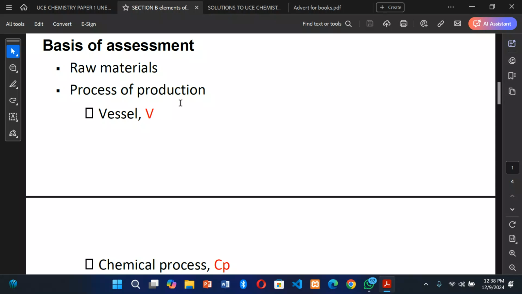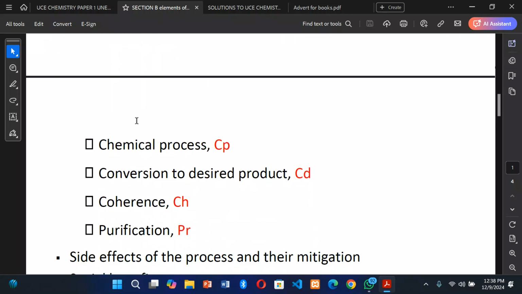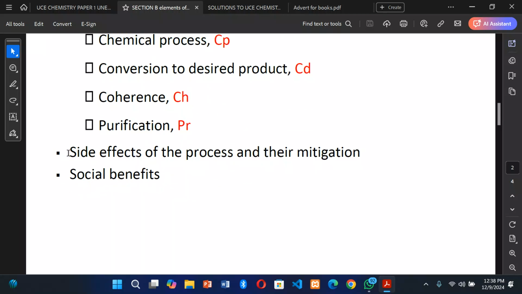Now, after you have dealt with the process of production, then we look at side effects. These are the side effects of the process of production. Most of the time, some learners mistake this and talk about the side effects of the product. But here we are looking at the side effects of the process of production.